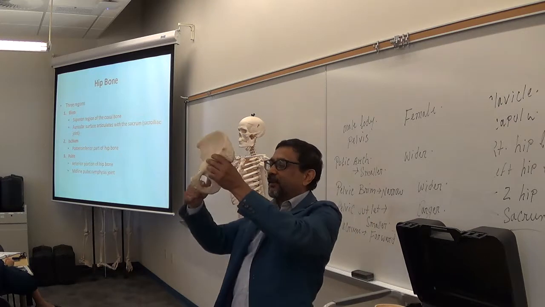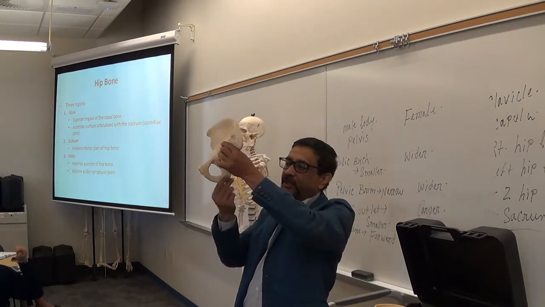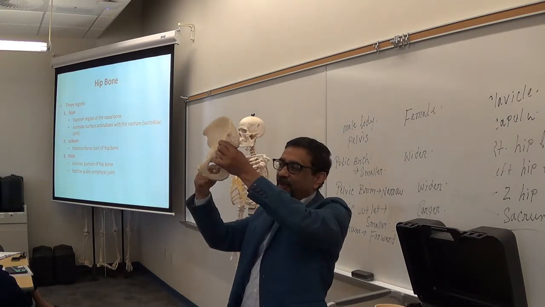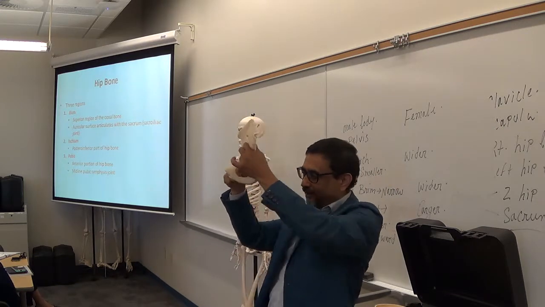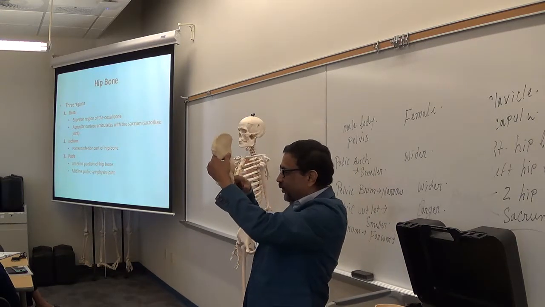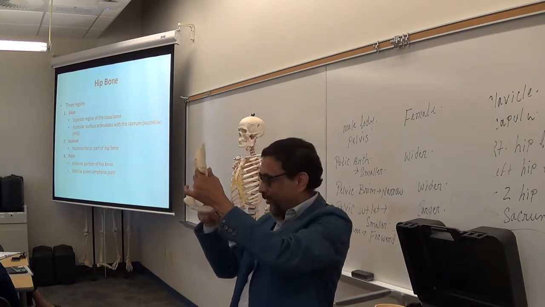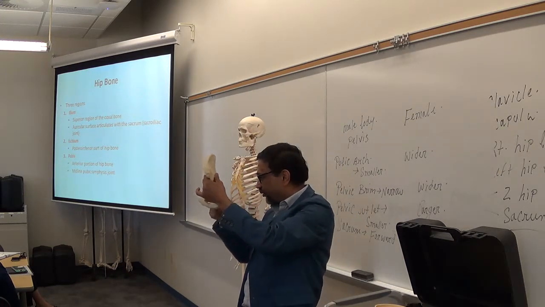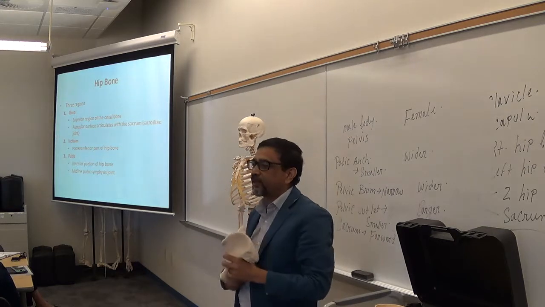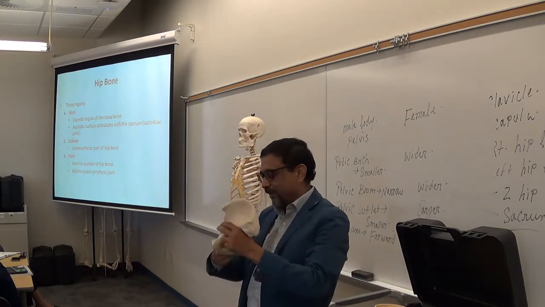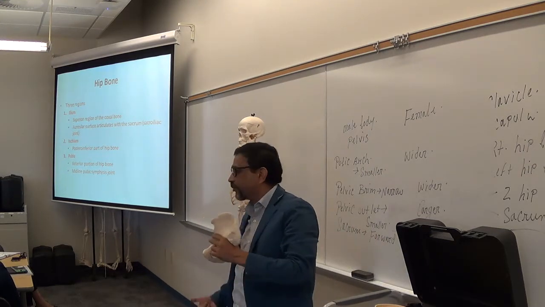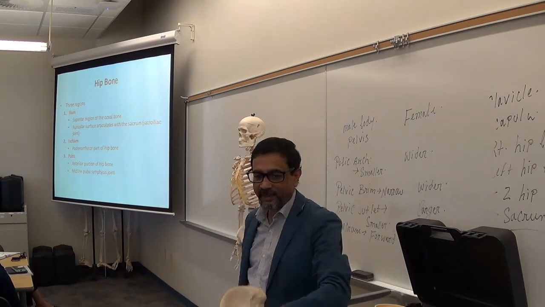Then, in between the ischium and pubis, you have a large opening in this bone, right? This is called the obturator foramen. The obturator nerve and femoral arteries, blood vessels go to the thigh.